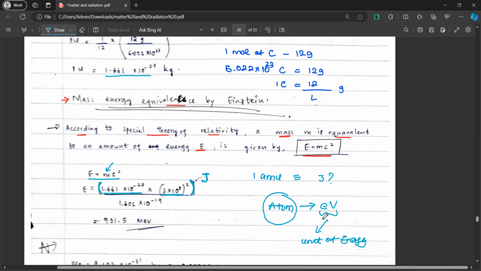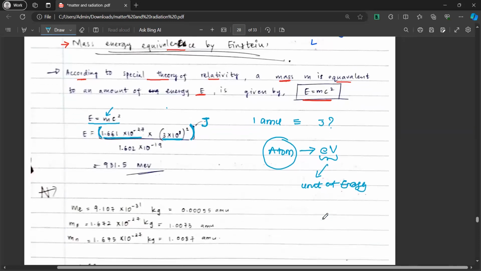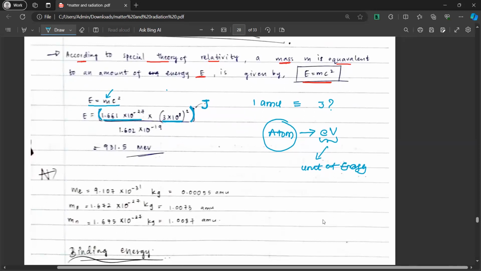So what is this electron volt? From electrostatic field, if you can remember, work done is equal to QV. Now, what we are going to do is move an electron through a potential difference of 1 volt.